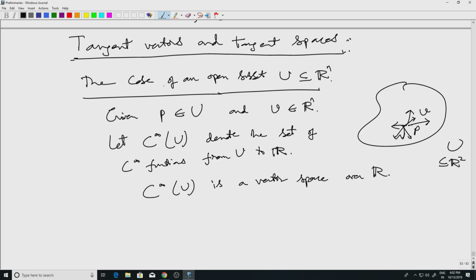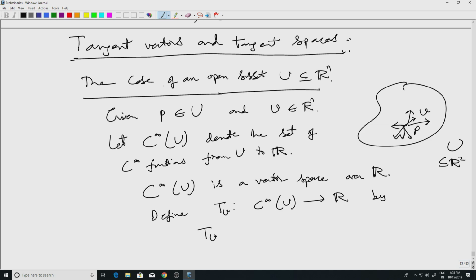Corresponding to this, I'm going to define a map T_V from C infinity U to R. So to every C infinity function, I want to get a real number given this point P and this vector V. Well, we know what to do.